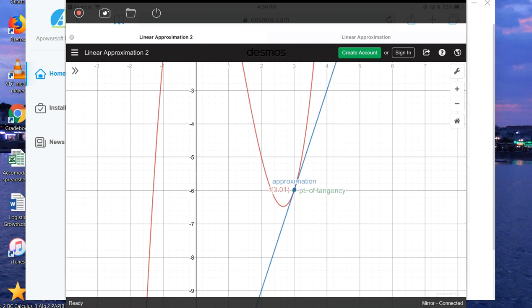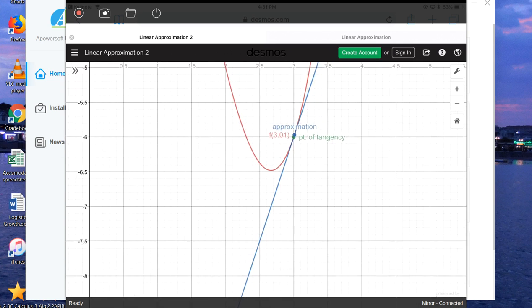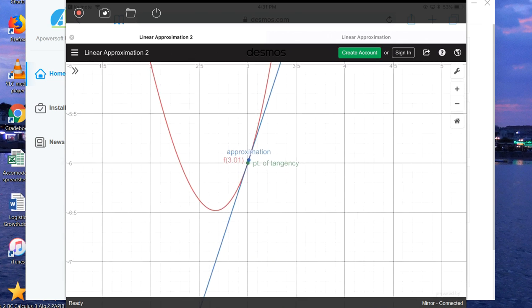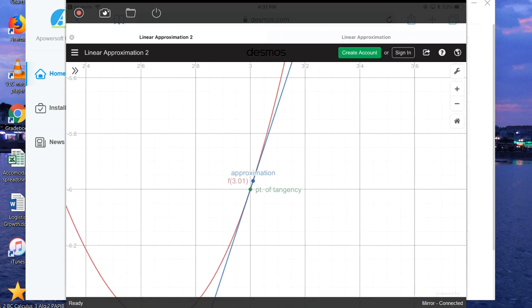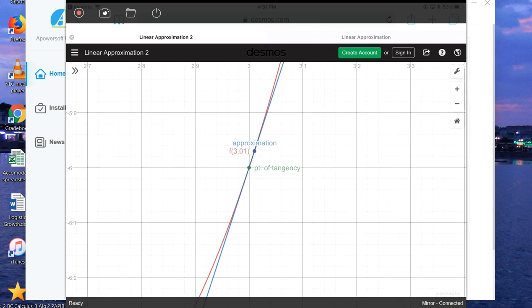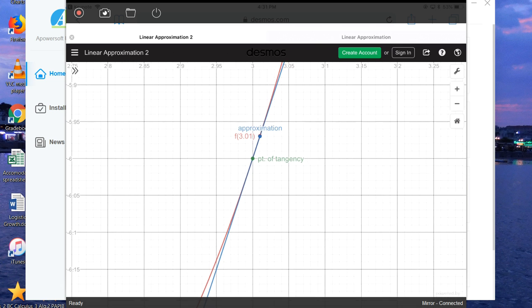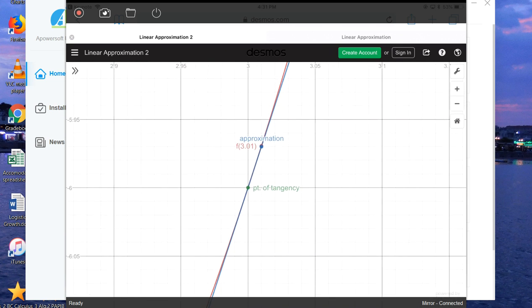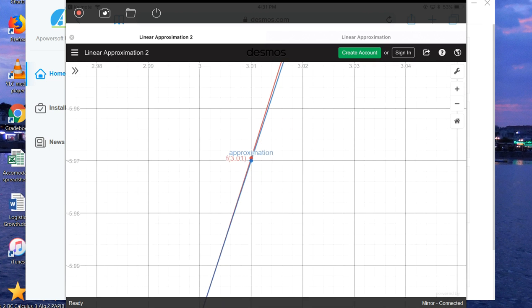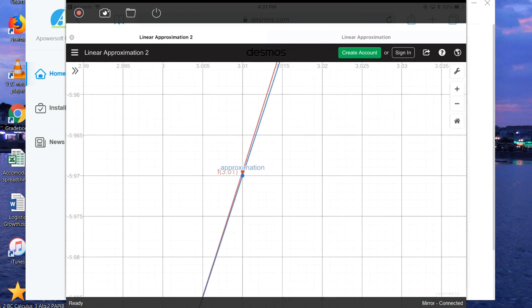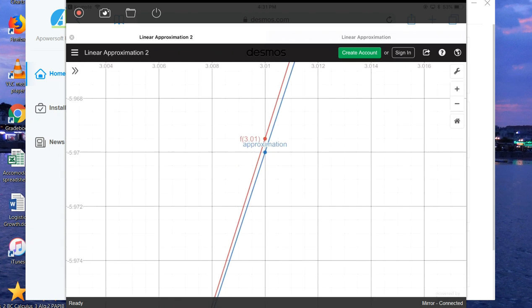Let's start zooming in and see what's happening at this particular point. Okay. So the point of tangency and the other 2 points start separating from each other, but we actually have to zoom in quite a bit more to actually start to see some separation.